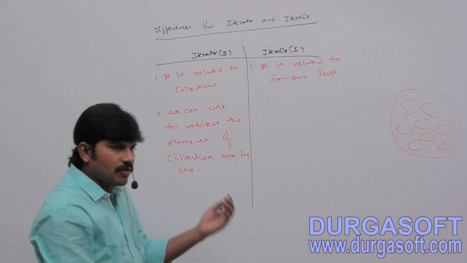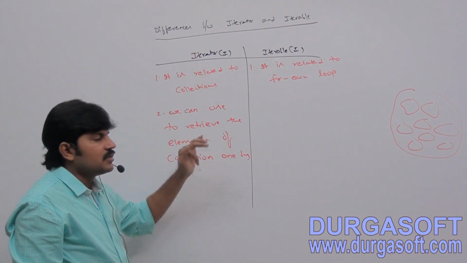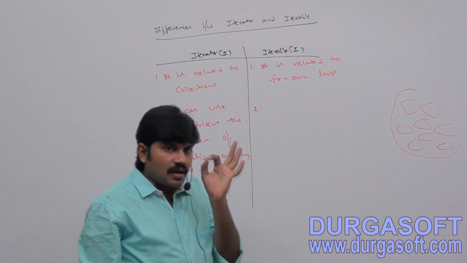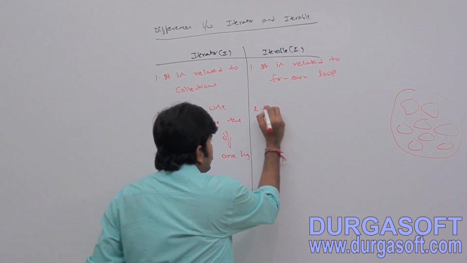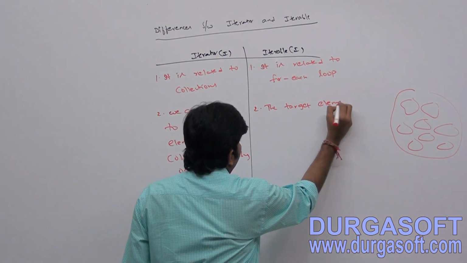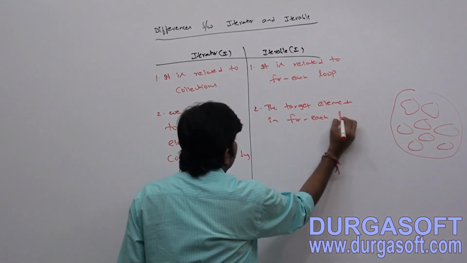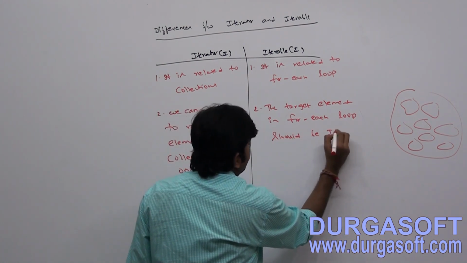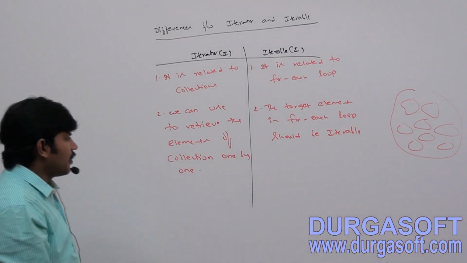If you want to get the objects one by one, then we should go for the iterator concept. Sir, what about iterable? Just now we covered: the target element in a for each loop should be iterable.